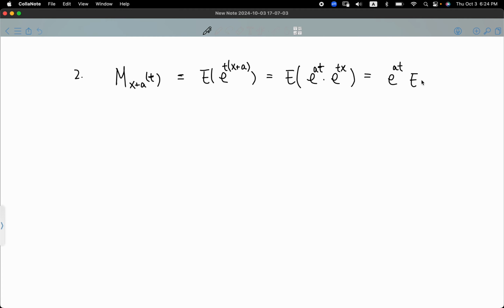And then the expectation of e to the tx. The result is that the moment-generating function for a random variable that shifts by a constant is equal to e to the at multiplied by the moment-generating function of your original random variable x. So that is another property.